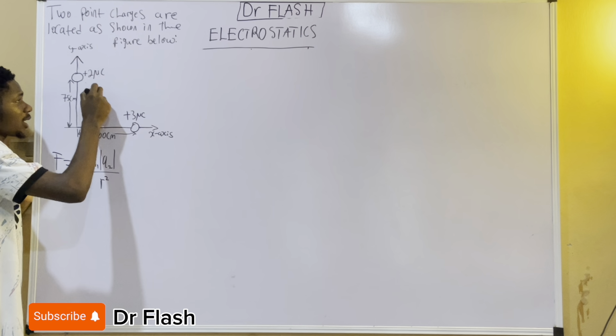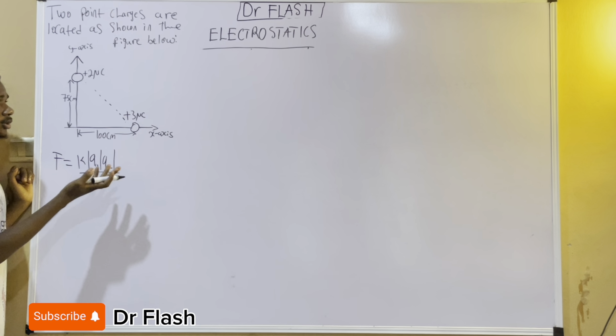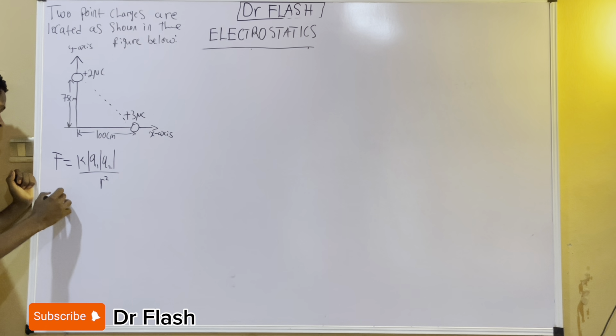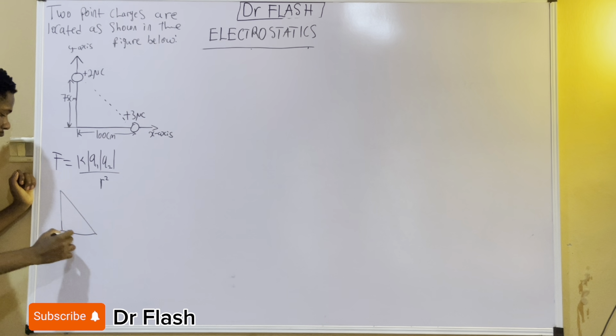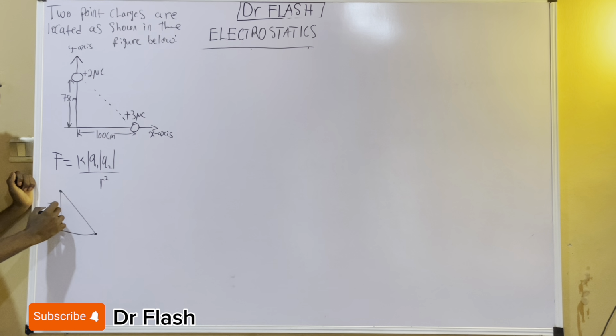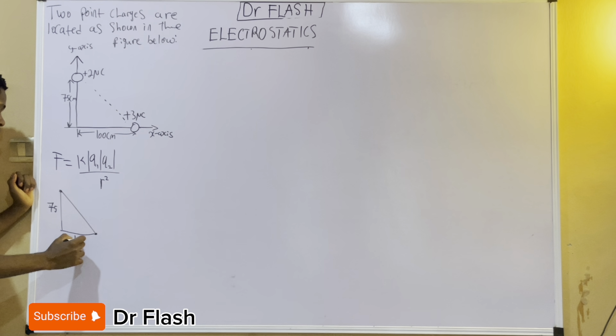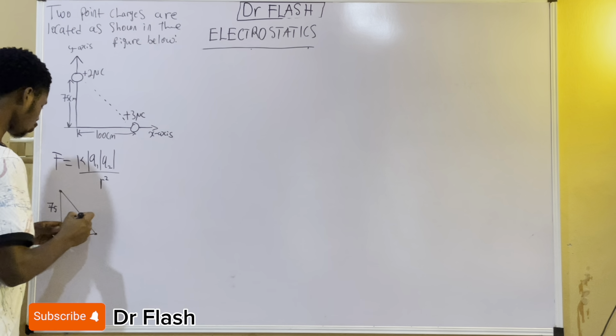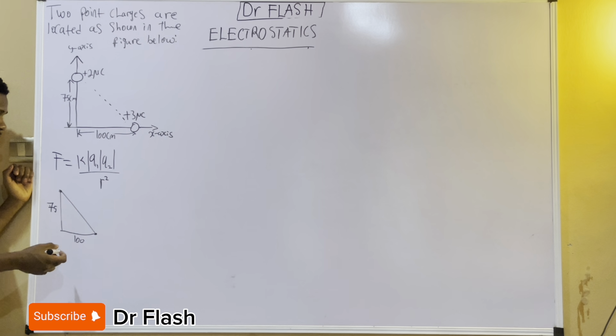Let's bring out a free body diagram. Imagine we have the free body diagram of this one, with one charge here and another one here. It gave us 75 centimeters and 100 centimeters. What will be the value of this one here? That's the distance apart. To do that, we make use of Pythagoras' theorem.